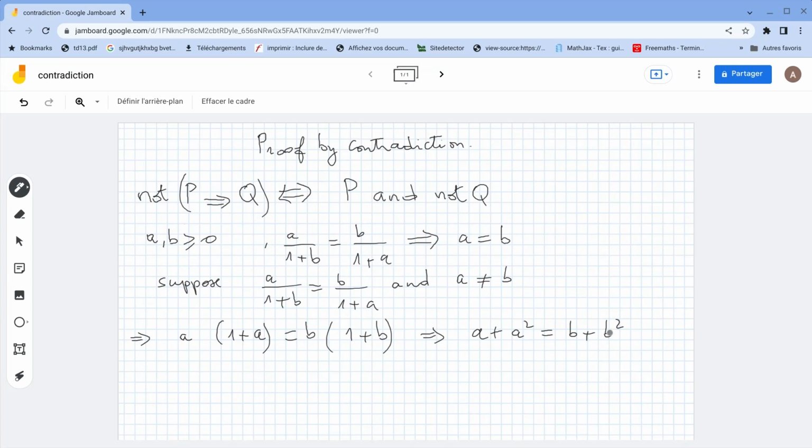I put B squared on the left side of the equality, and A squared on the right side.